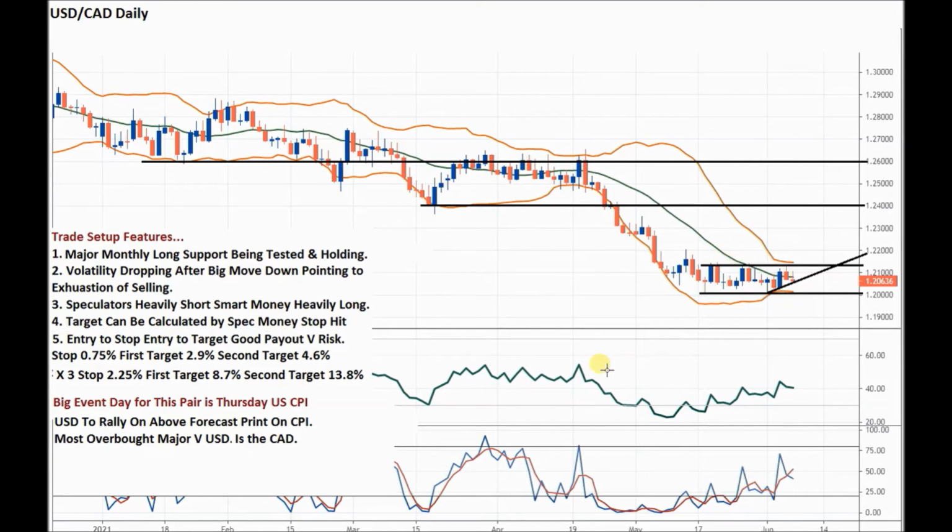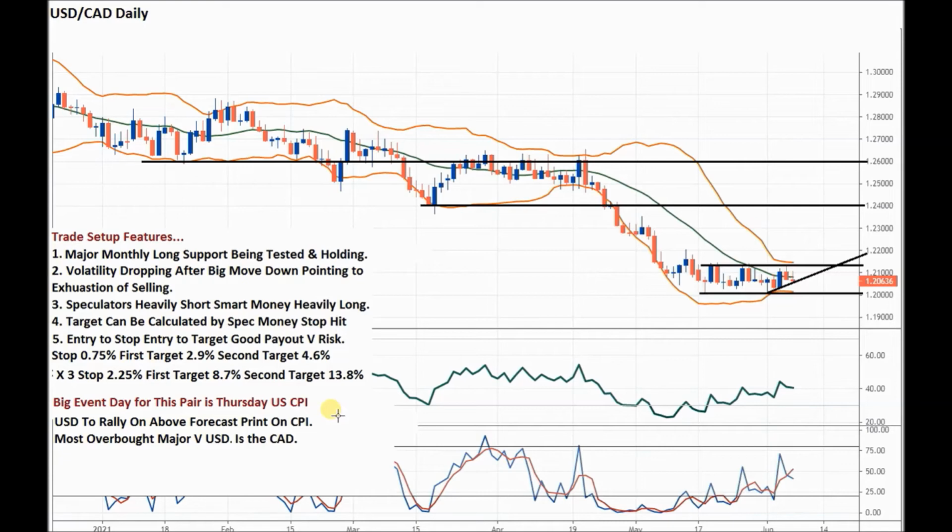Now, in terms of this pair, I've been interested in it for a few weeks, but look at it, it just drifts sideways. What's going to trigger some upside? Well, my own view is the big event for this pair, and USD pairs generally, could be Thursday's US CPI inflation data. You've probably seen it in the media.